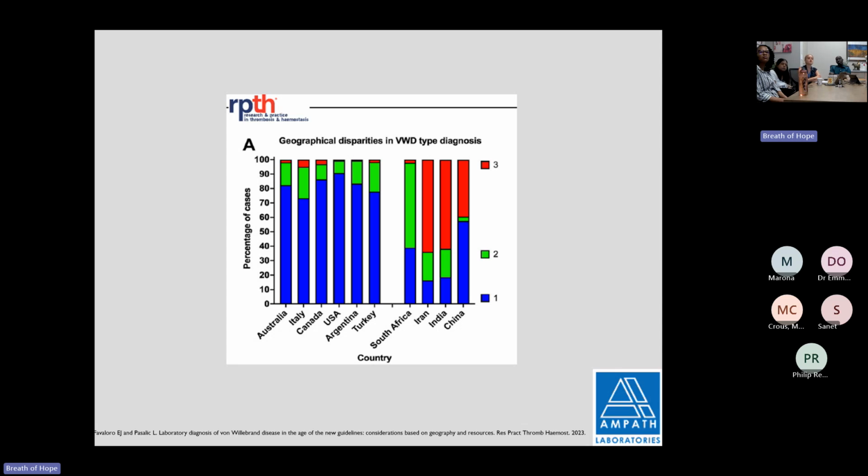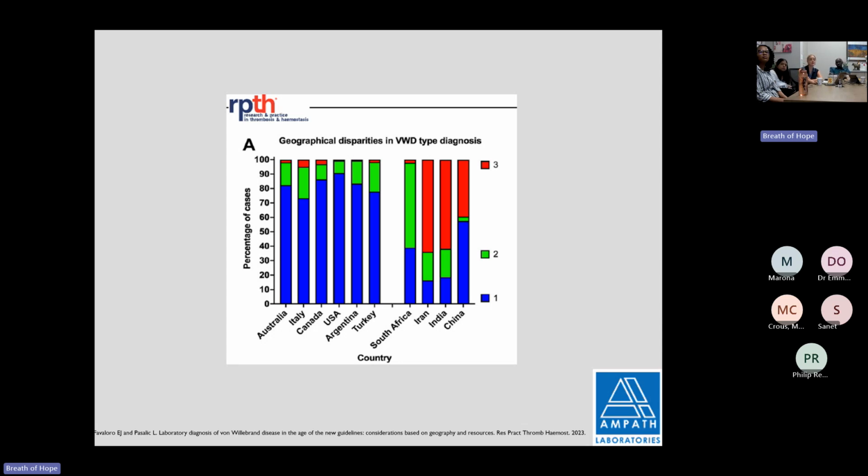This is very interesting because according to all the textbooks, type 1 von Willebrand disease is the most commonly diagnosed. But as you can see in recent studies, if you look at South Africa's table, type 1 is actually not as commonly diagnosed, but more type 2. And this shows us that we should try and further investigate our patients by doing the function, because maybe we're misdiagnosing our patients in South Africa if we think that type 1 is the most common.